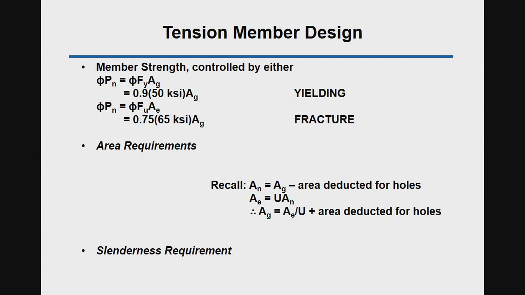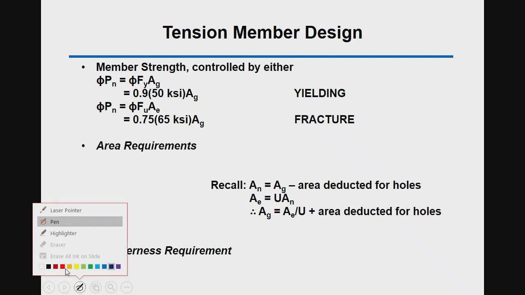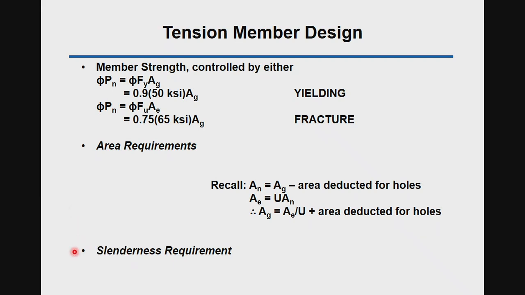All right. Like what we have done before, first of all, we have to check the yielding limit state, right? The yielding limit state equals 0.9 times Fy. For the A572 steel, Fy is 50 ksi, times the gross section area.